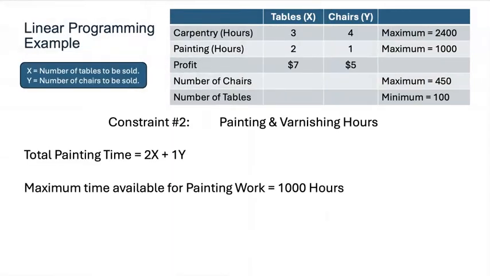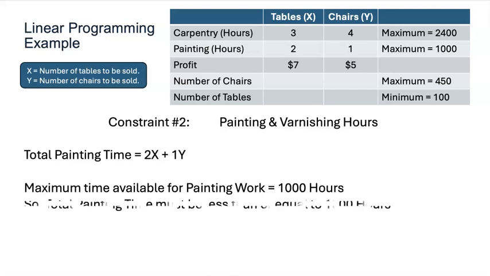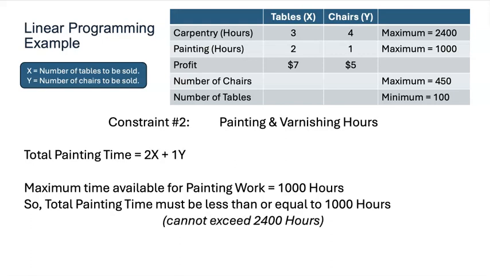Putting it together, the maximum time available for painting is 1000 hours. So the total painting time must be less than or equal to 1000 hours. We cannot exceed the 1000 hours. Right, so we simply say 2x plus 1y is less than or equal to 1000. And that takes care of the second constraint.